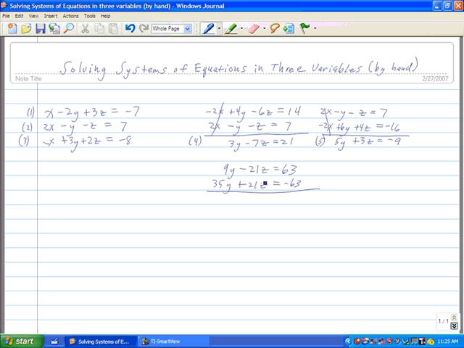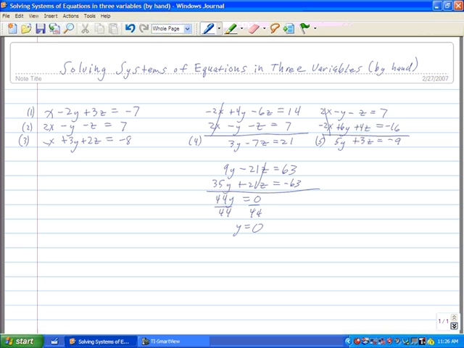So now when I add, I get a 44y, the z's cancel, equaling 0. So dividing by 44, I get that y equals 0.